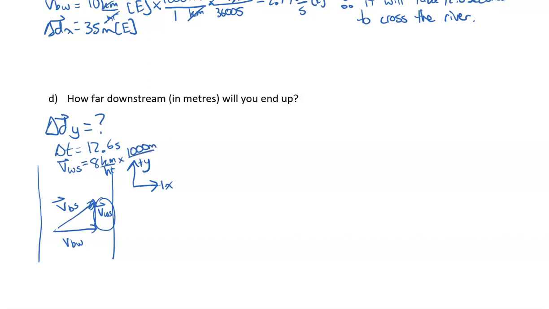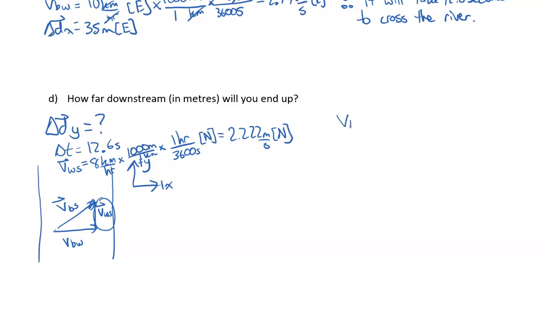So there's my 1,000 meters, 1 kilometer, it's going to cancel out. There's my 1 hour and 3,600 seconds again, just to check that unit analysis. And we know this is in the northern direction. So we're going to have a velocity of the water relative to the shore of 2.222 meters per second north. Okay, that's all we need.